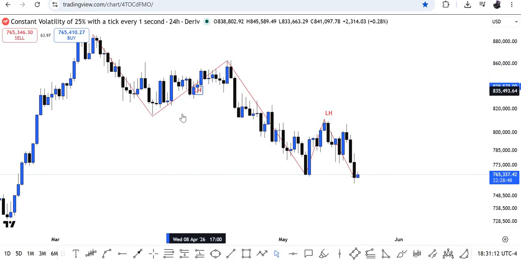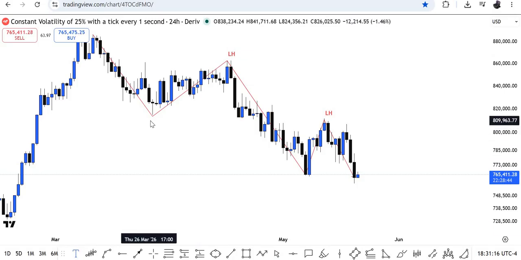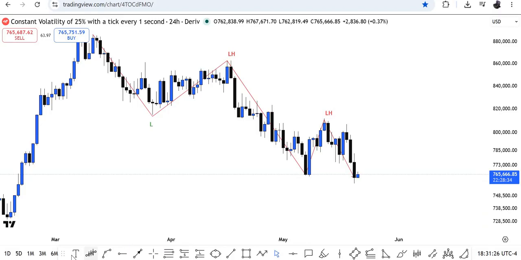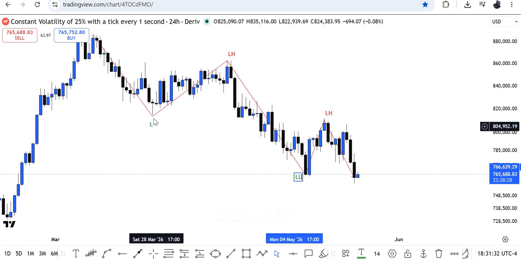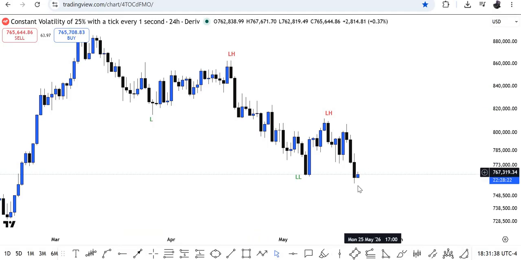And what we're going to do is to also identify our lower lows. So let me put low right here. For clarification purposes, we made a lower low down here because this low is lower than this low. So this is just a little bit of a lesson for the persons who are new to this.